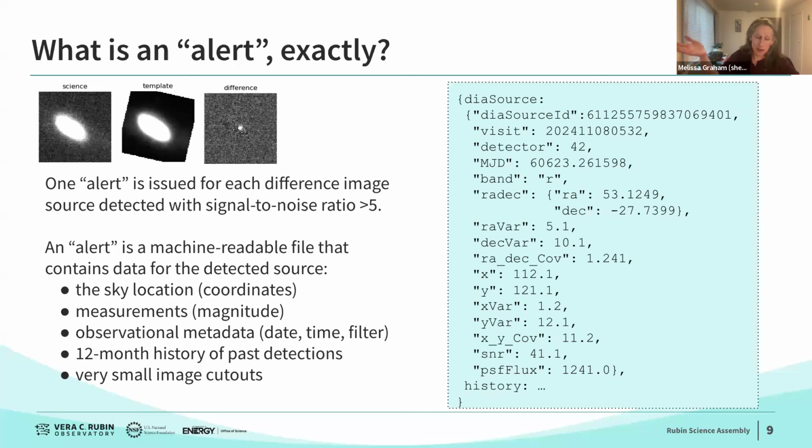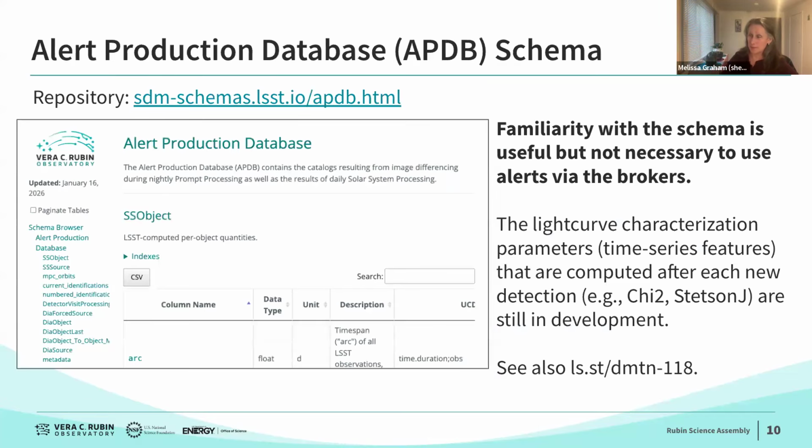But you, as the user, don't really need to know what the guts of an alert look like, because the brokers deal with the guts of the alert for you. And as a user, you would just use the brokers to interact with these. But if you do want to know what the guts of the alert look like, it can help you to interpret alert packet data. The schema is available. It's the alert production database schema.